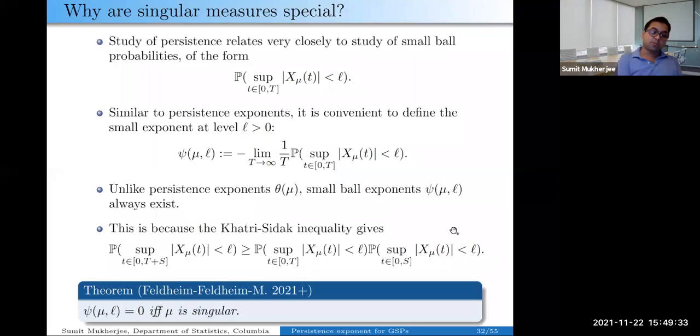One of our main results says that this exponent is 0 if and only if mu is singular. So this explains why perturbations by small balls do not change the exponent: if the measure happens to be singular, it's not going to change your exponent at all.